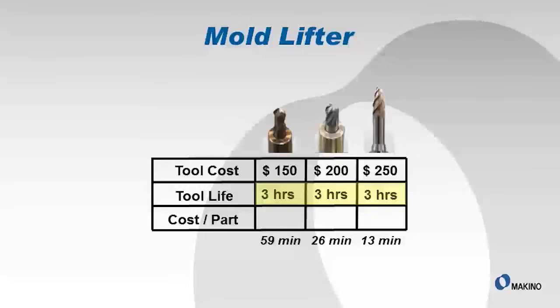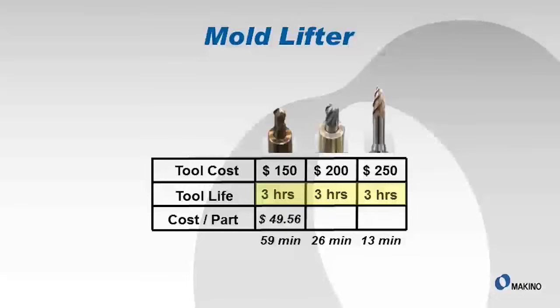And just for comparison's sake, we've kept that the same for the other 2 approaches, even though we know, because of the approach and the number of tool surfaces that you'll be able to use, the tool life is going to be better, but we didn't have time during this experiment to figure out what those tool lives would be. So this is kind of a worst case scenario where we've assumed the same tool life across the board.